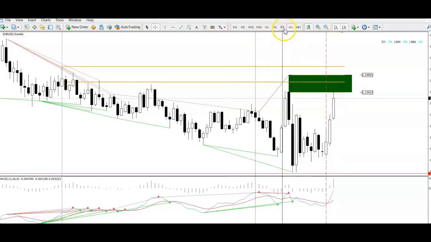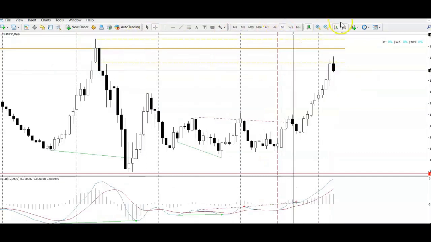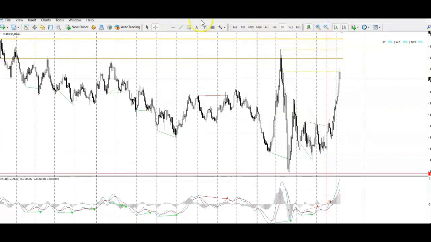So what I need to do is zoom into a daily chart here and see if I can get a daily area right at the top. Zoomed in, I'm not going any lower than this. The trade this week is going to be sell Euro USD at 1.144, and the stop loss is going to be 100 pips, 1.155 or 1.154.